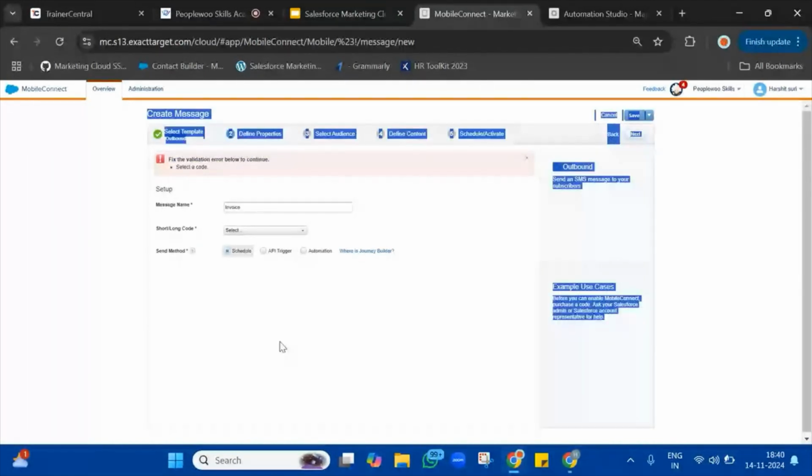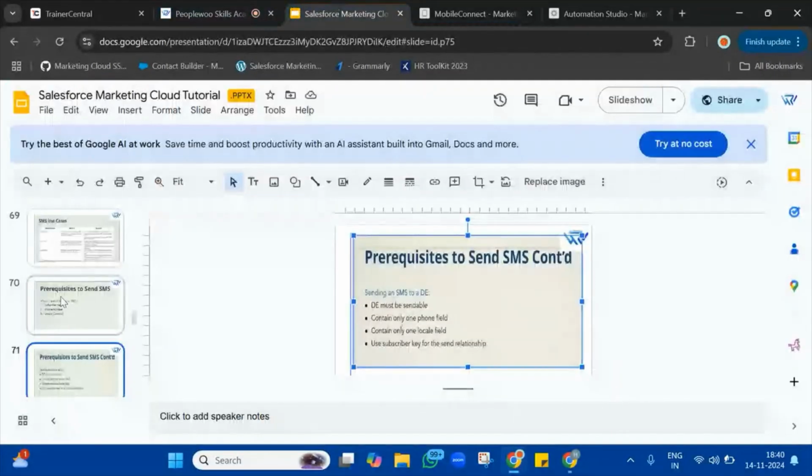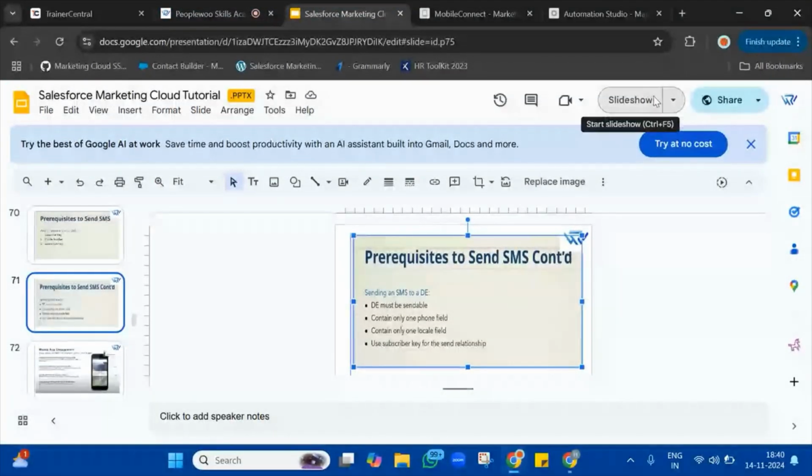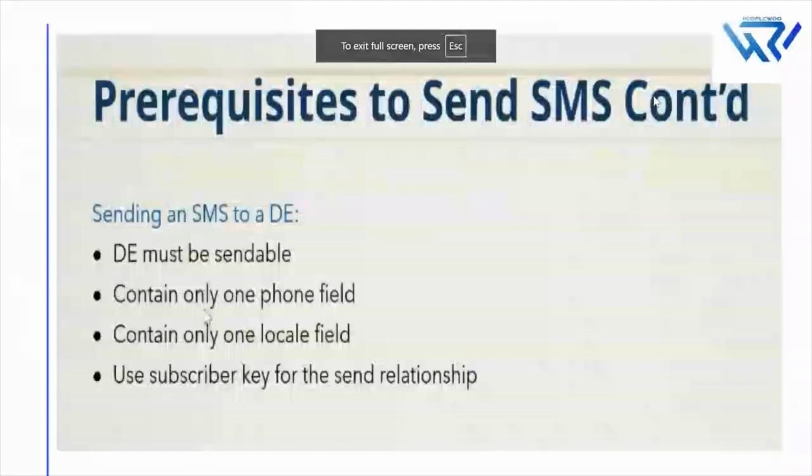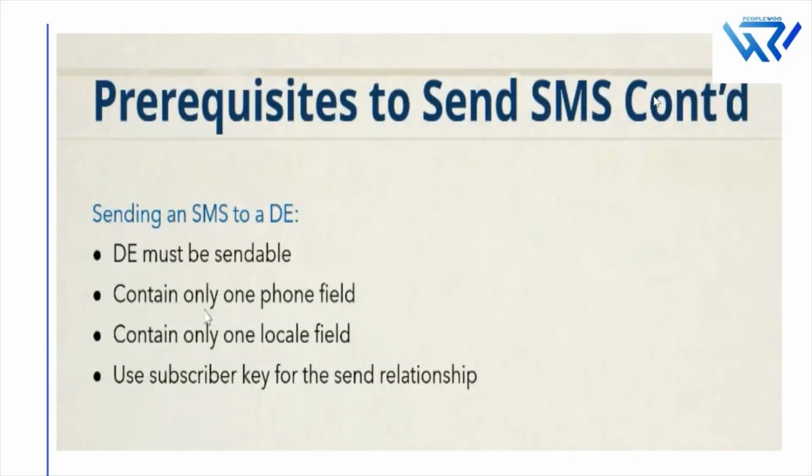So this is all about SMS inside Salesforce Marketing Cloud, guys. But the major concept lies in the marketing automation part: how you import data, export data, automate things, journeys, APIs, which we have already seen with respect to emails.